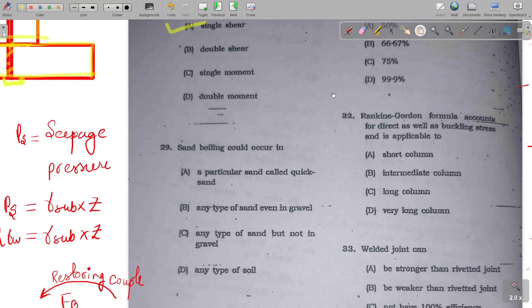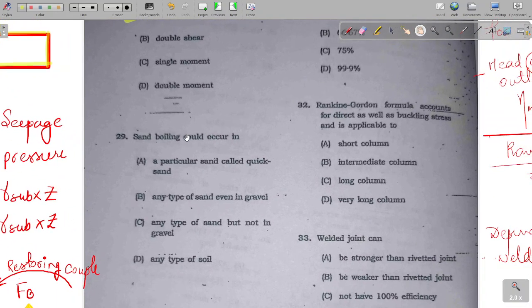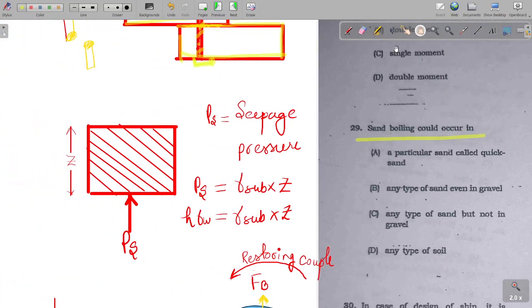Moving on to our next problem, sand boiling. It's asking where sand boiling could occur. So let's see what sand boiling is. Suppose there is a chunk of soil, a sample of soil, and this soil mass is acted upon by a seepage pressure in the vertically upward direction, denoted by PS.